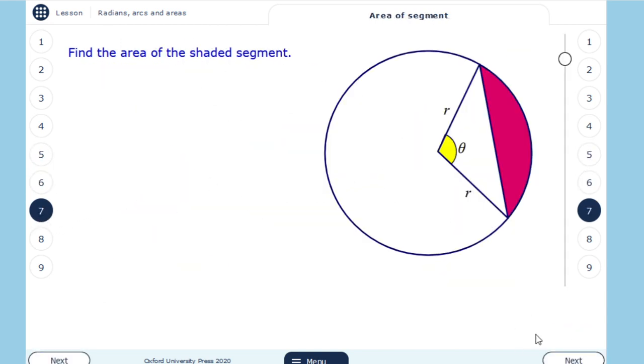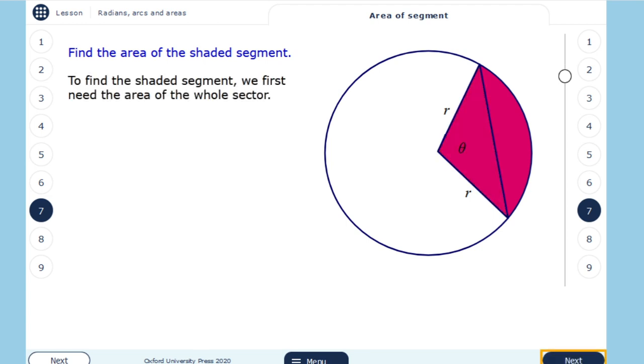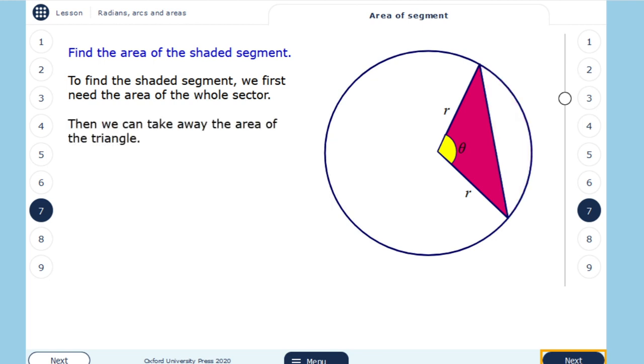Find the area of the shaded segment. To find it, we first need to find the area of the whole sector. Then we can take away the area of the triangle and find how much the segment is. The area of the sector will be 1 over 2 times r squared theta.